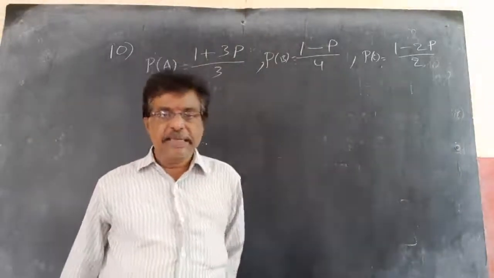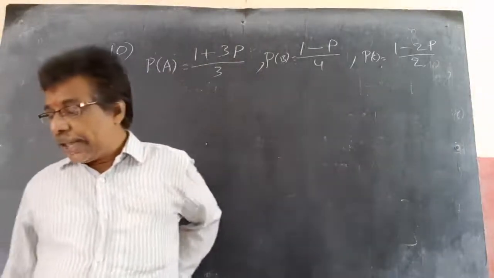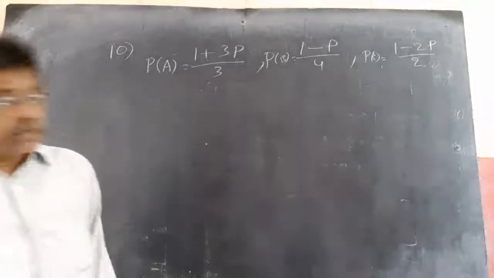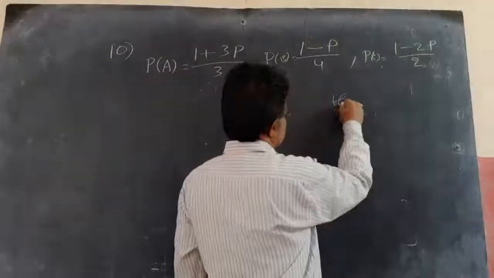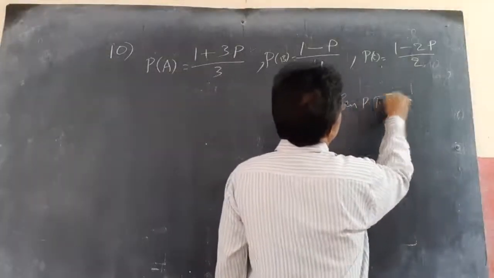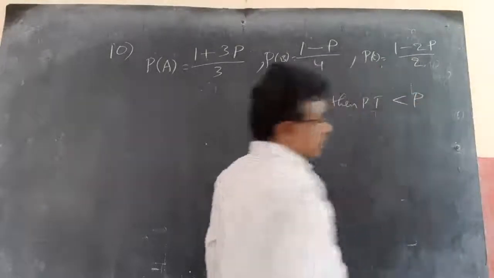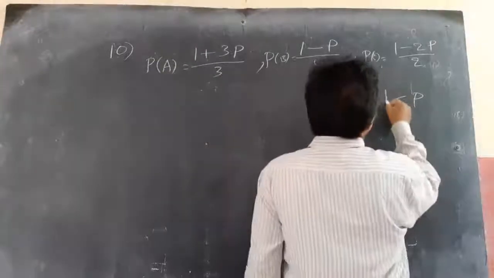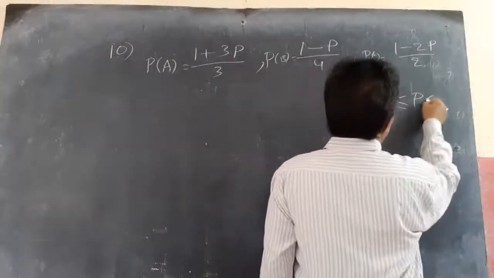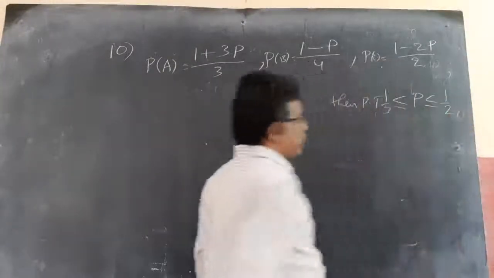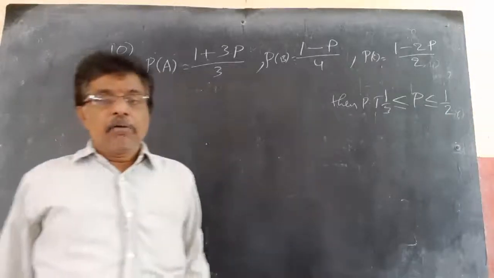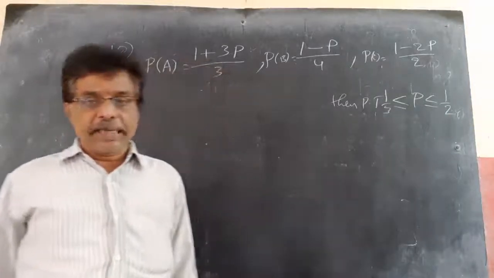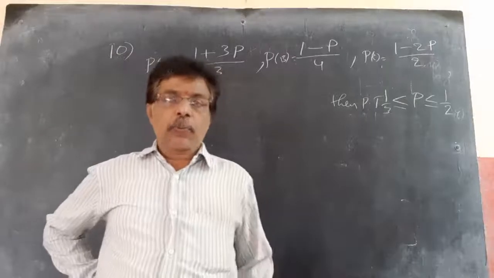Obviously A intersection B intersection C is also 0. Then he is asking to prove that P lies between 1 by 3 comma 1 by 2.